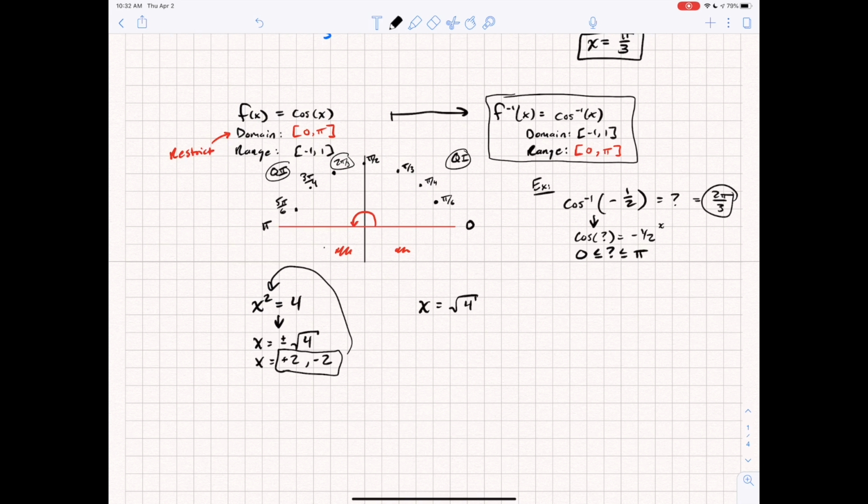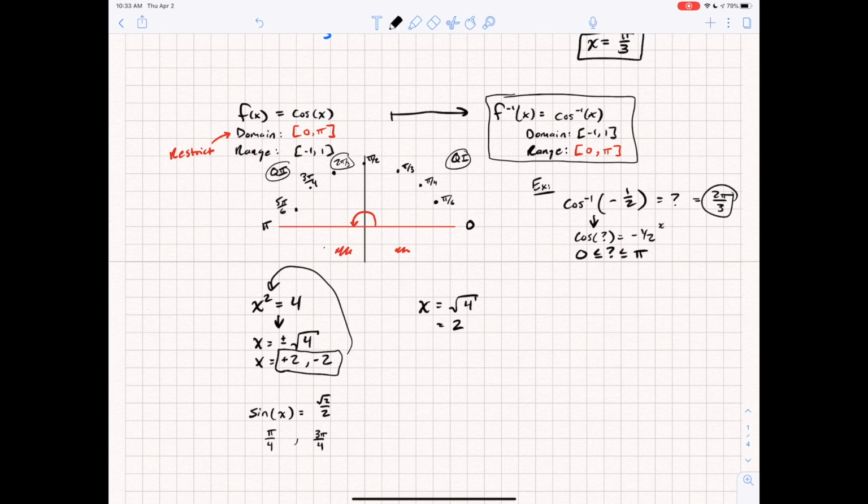Much like if I was solving the initial problem, sine of x is equal to, say, root 2 over 2. This gave me pi over 4 and 3 pi over 4, because in both of these spots, sine is specifically root 2 over 2. But think about if I start with the square root, there is no introduction of it into the problem, then the square root of 4 is just 2, right?